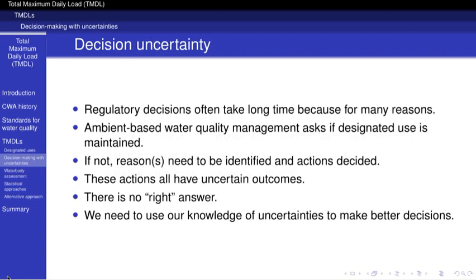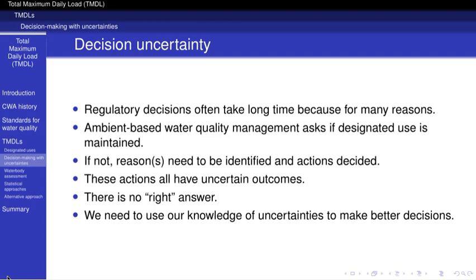Regulatory decisions too often take longer than they should. Because natural ecosystems are highly complex and variable, our attempts to understand how human activities affect them are incomplete, and there is never a single right answer. The extreme result is paralysis by analysis.